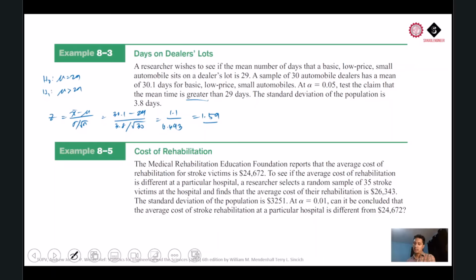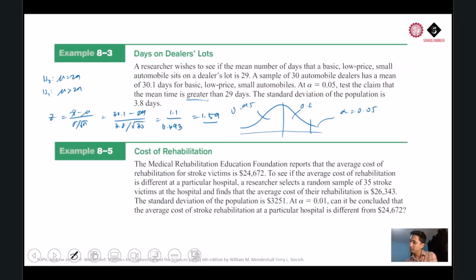So this is the test value, 1.59. It's better to draw the distribution in order to answer some of the questions more easily. So this is one tail. The significance level is 0.05. So this is 0.95.